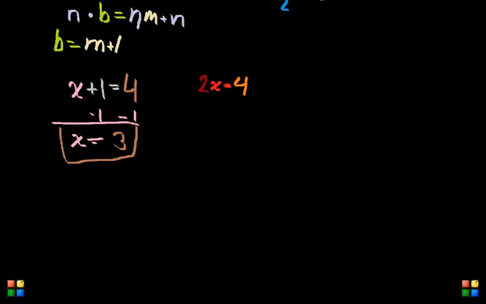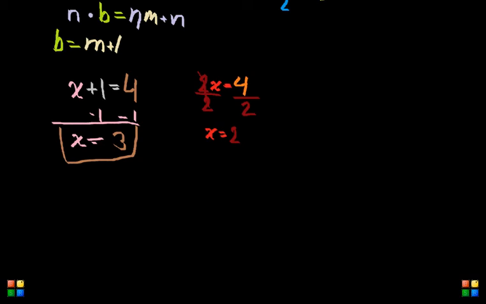You would divide both sides by 2. Divide both sides by 2. Because when you divide a number by the same number, it's going to always be equal to 1. That's something you should have learned prior to Algebra 1. Okay, so this would cancel. So you're left with x is equal to 4 divided by 2, which is 2.